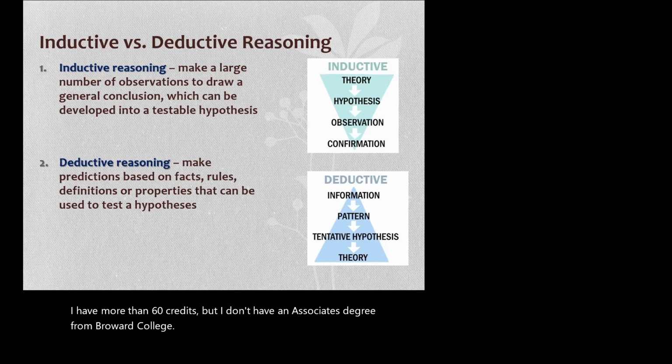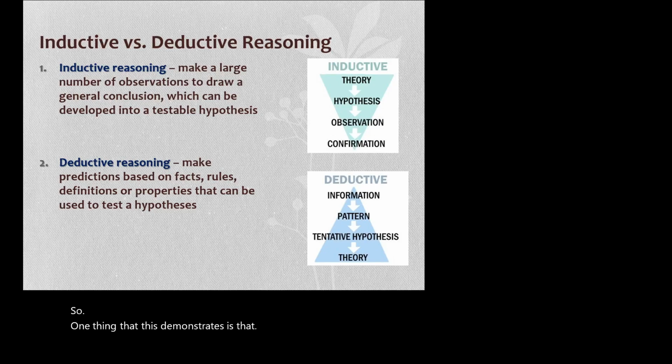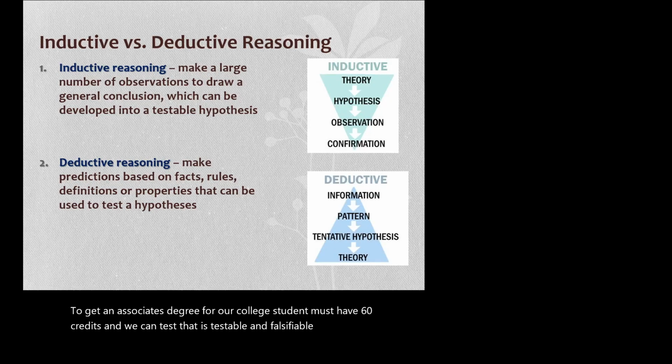One thing this demonstrates is that sometimes hypotheses are falsifiable. The hypothesis would have been that to get an associate's degree at Broward College, a student must have 60 credits, and we can test that. That is testable and falsifiable, two characteristics that a hypothesis must have.